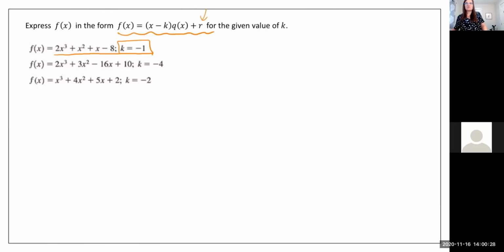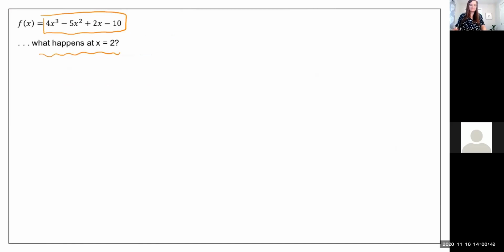Now, I do want to mention that there is a slightly quicker and simpler way to long divide. Let's try that on the 4 example. First, let's identify what happens at x equals 2. f of 2 is 4 times 2 cubed minus 5 times 2 squared plus 2 times 2 minus 10.